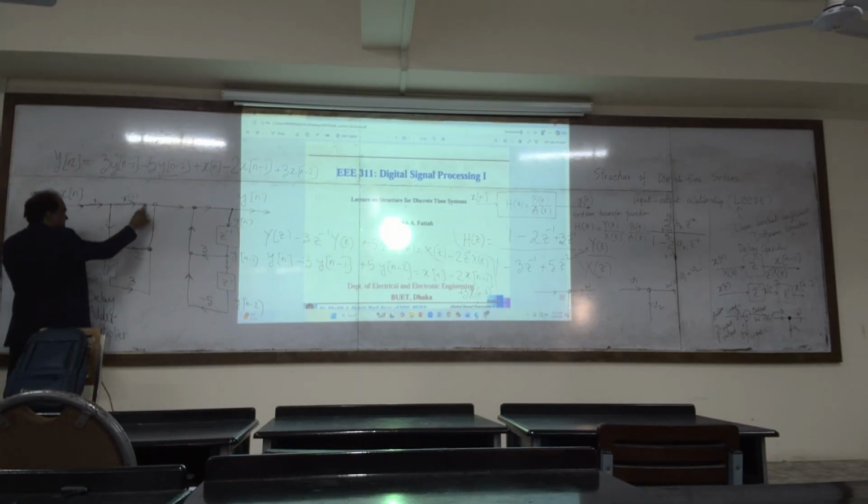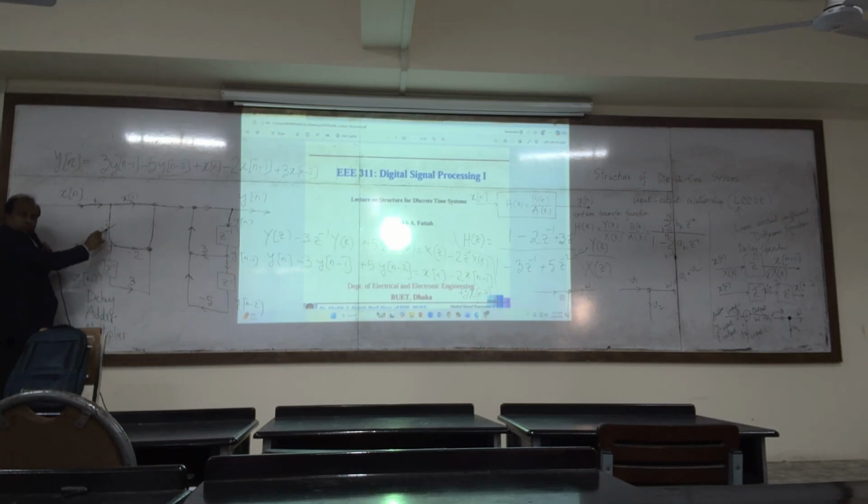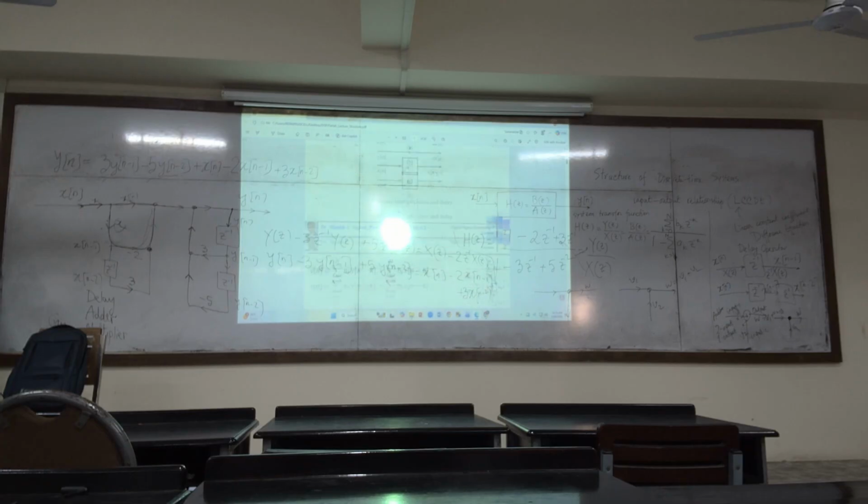X goes here, again X. X is already here. Why do you have to draw another? So, this type of loop without a delay, you see this. Whenever there is a loop, there should be a delay. A loop without a delay is totally meaningless.